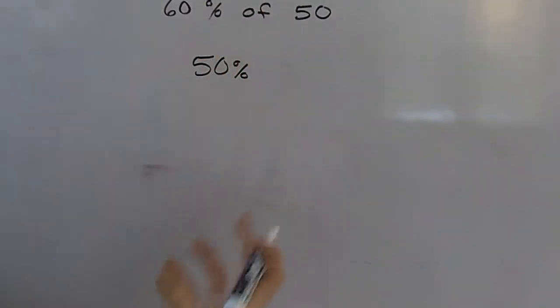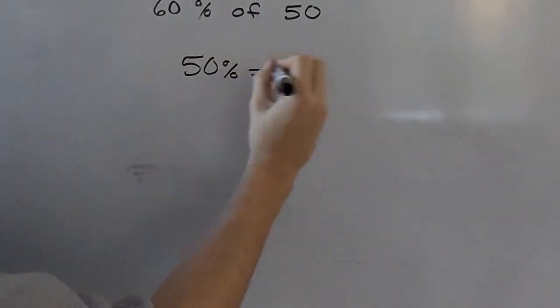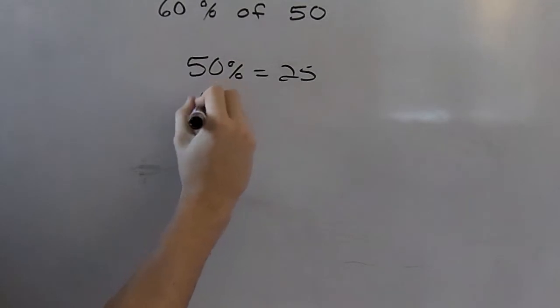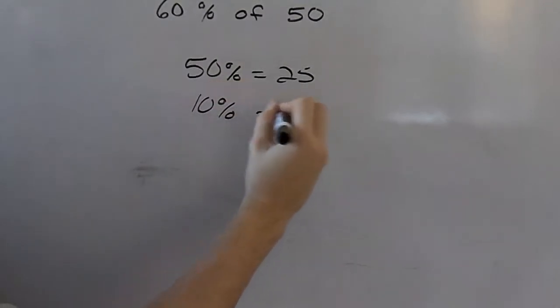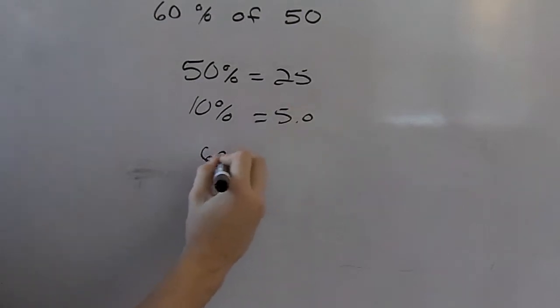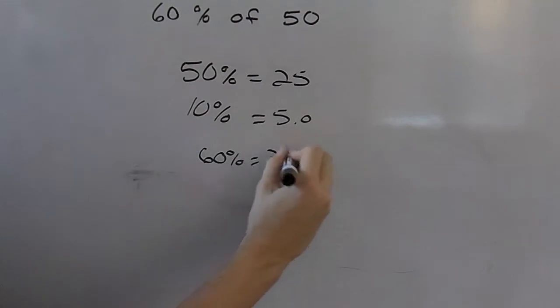Okay, because I know 50% plus 10% gets me to my 60%. So I know 50% of 50 is 25, and I know 10% of 50 is 5. So I know that 60% must equal the combination of the two, which is 30.